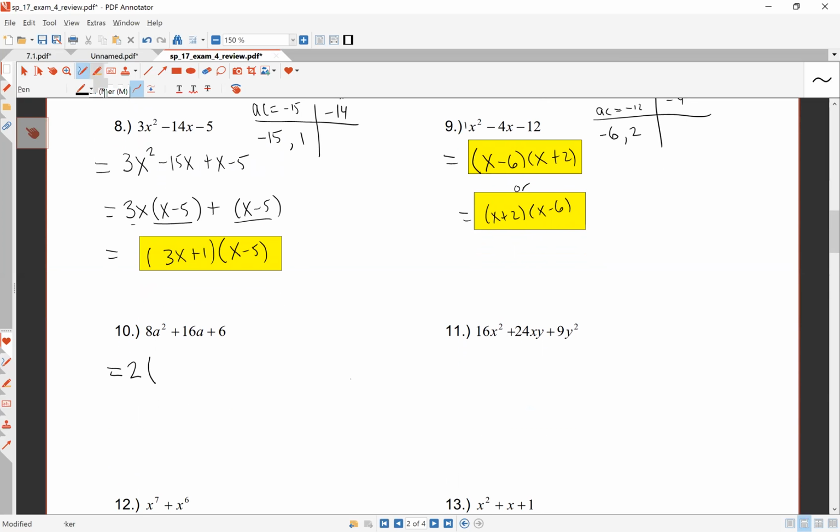It's very tempting to do what you did, and a lot of people do that. But no, you can't say x plus 1/3 yet. You have to say 3x plus 1. 3x plus 1 times x minus 5. But I'm so glad you asked that because you just saved yourself a lot of points in the test. I mark off a lot of points for people that solve when they're supposed to just factor.